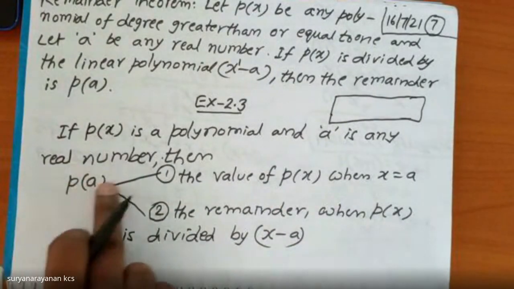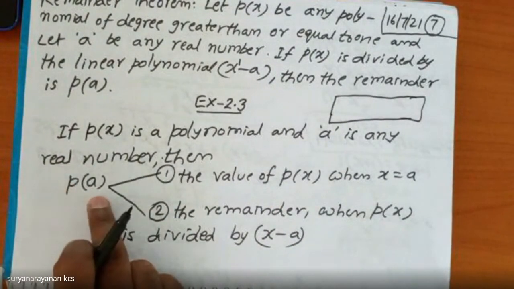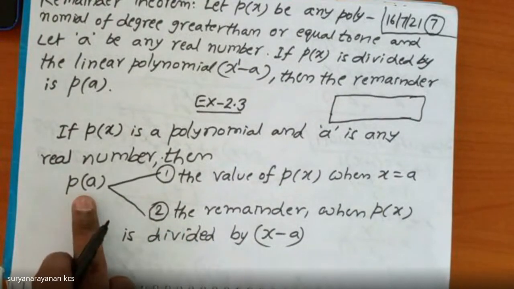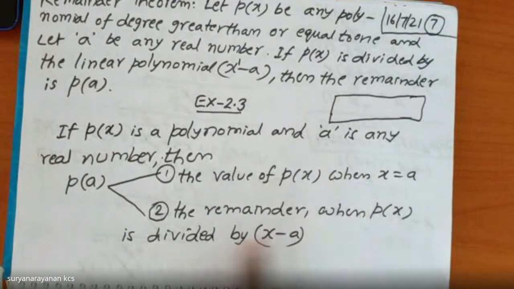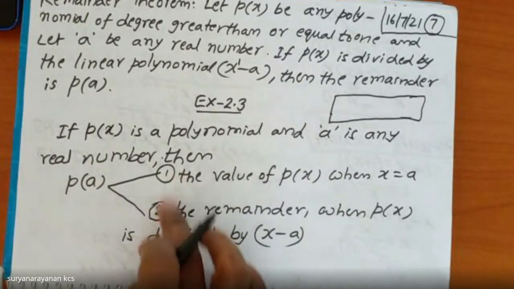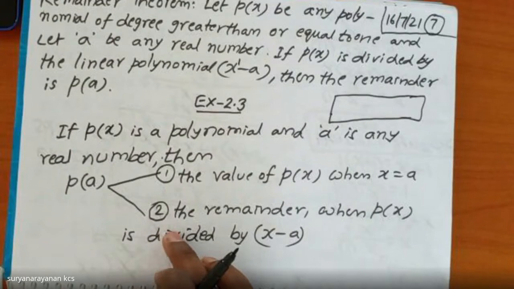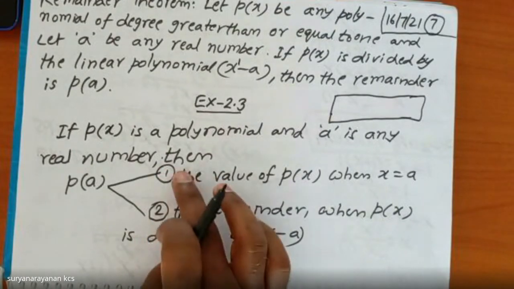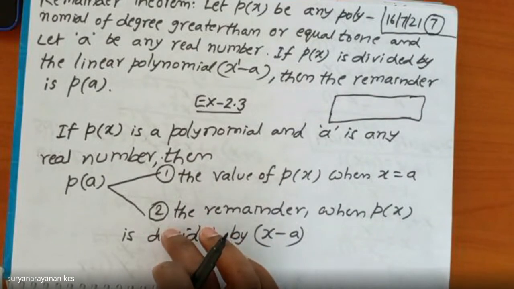Similarly, for the same notation p of a, in this context, it is a remainder when the polynomial p of x is divided by the linear polynomial x minus a. See this magic, my dear children. For the same notation, we are giving two different meanings. So according to our context, we have to take the meaning.